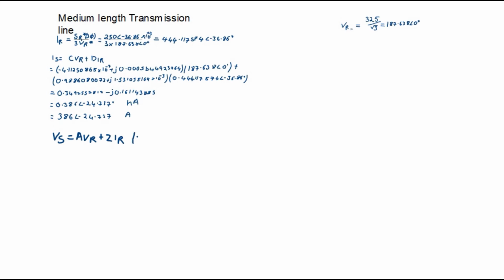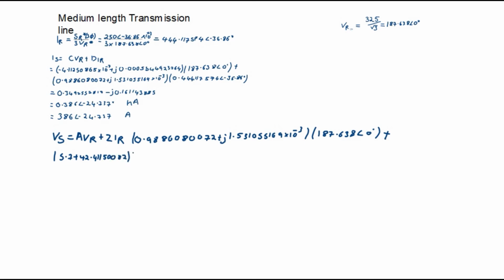This is 0.9886080072 plus J1.531055.169 10 to the power minus 3 times 187.638 at a phase angle of 0 degrees plus 5.7 plus J4241150082 times 0.4441176 at a phase angle of minus 36.86.